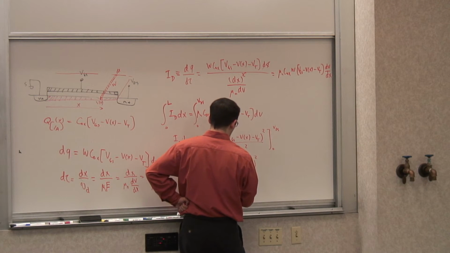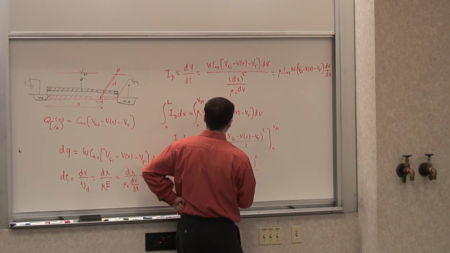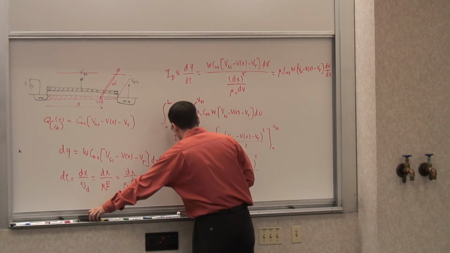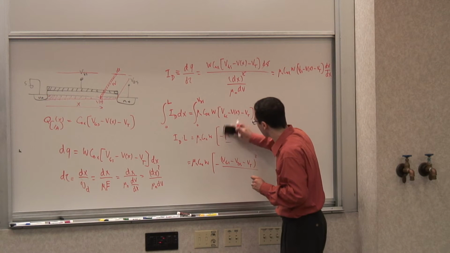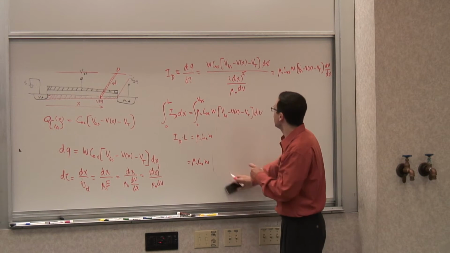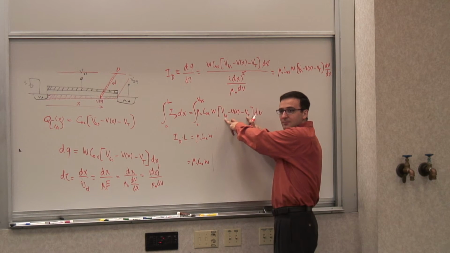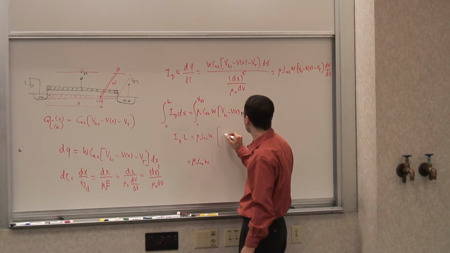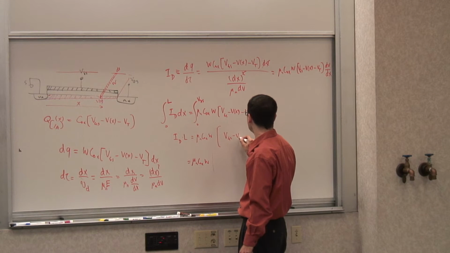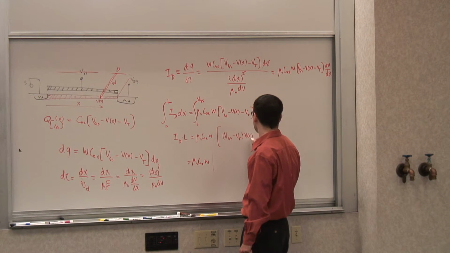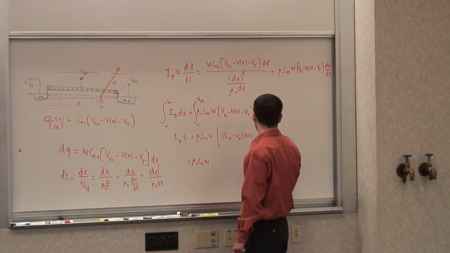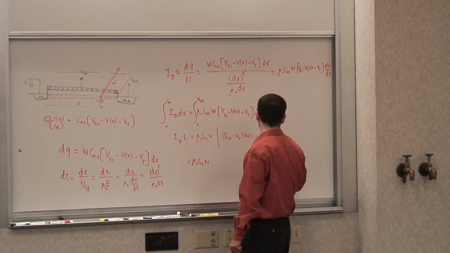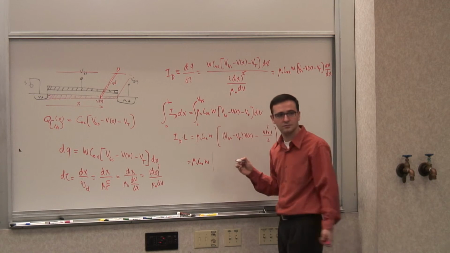squared, minus Vt times V of x, and then that part gives me a V of x squared over 2, from 0 to VDS, right?